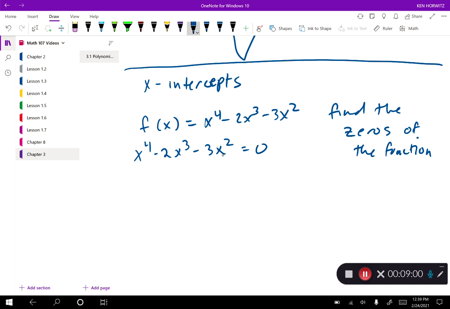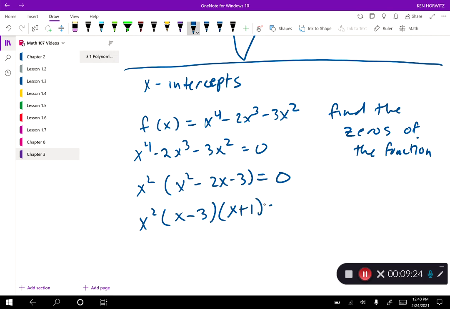So in each one of my terms, I have a common factor of x squared, so I'm going to pull that out. And I'm left with x squared minus 2x minus 3, right? And then I can factor x squared minus 2x minus 3 to x minus 3, x plus 1.